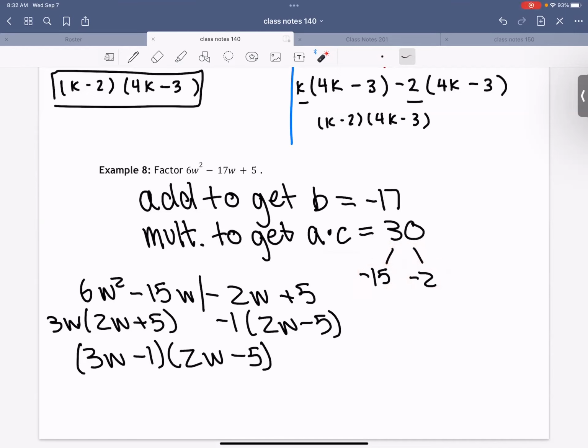So then you write out 6w squared minus 15w minus 2w plus 5. And then I split them down the middle. And then you can factor out 3w to get 2w plus 5. And then you factor out a -1 to get 2w minus 5. The answer will be 3w minus 1 and 2w minus 5. Perfect. Nice job. Any questions on example 8?